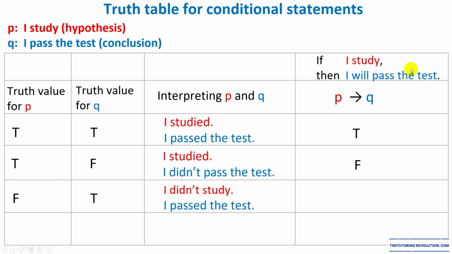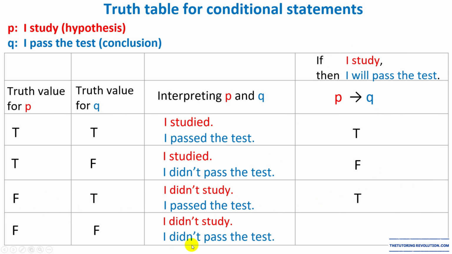But it doesn't say anything about if I didn't study, right? So basically, this statement is not affected by this situation, okay? So that's why if this is false and this is true, the whole conditional statement is still true, right? If I didn't study and I passed the test, that doesn't affect this because this only cares if I study, not if I didn't study, okay? Same thing.